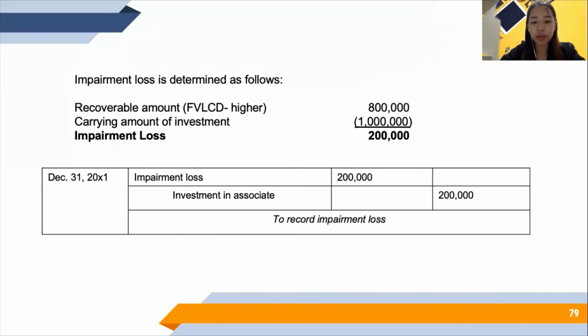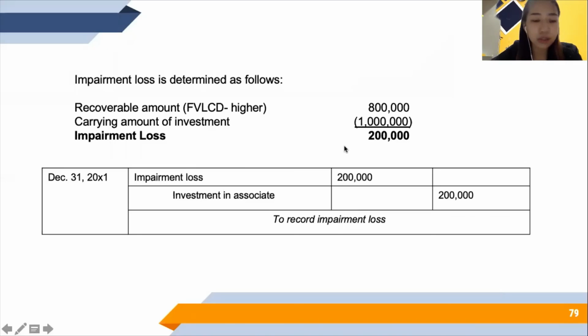So to compute the impairment loss, the carrying amount of the investment of 1 million is compared to the recoverable amount, whichever is higher of the fair value less cost of disposal na 800 and yung value in use na 790,000. So yung 800 na fair value less cost of disposal, ililess natin siya sa 1 million na carrying amount ng investment for the total of 200,000 na impairment loss.